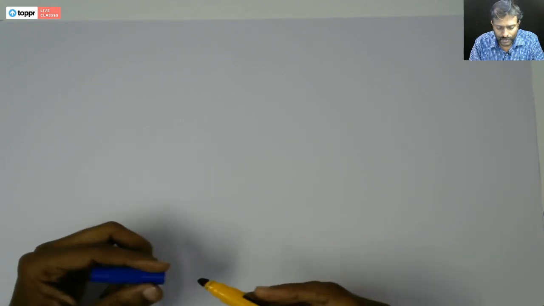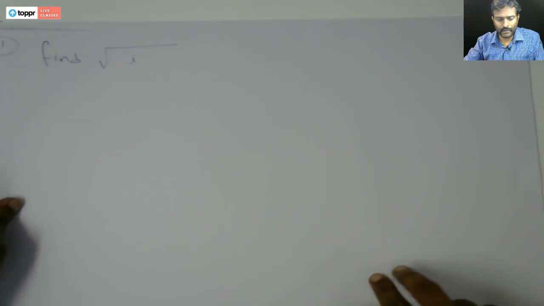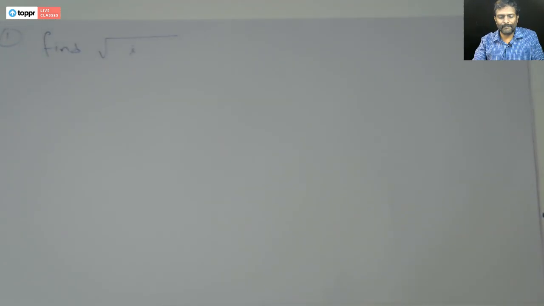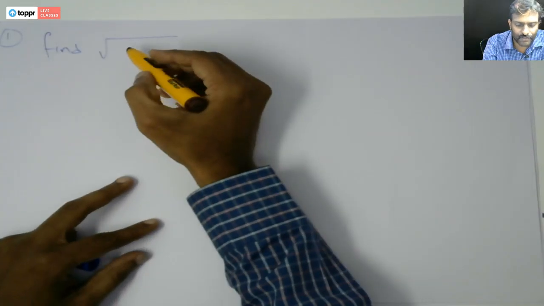So let us try to find simple solutions of some problems here. So if I want to find the square root of minus, I want to find the square root of i.